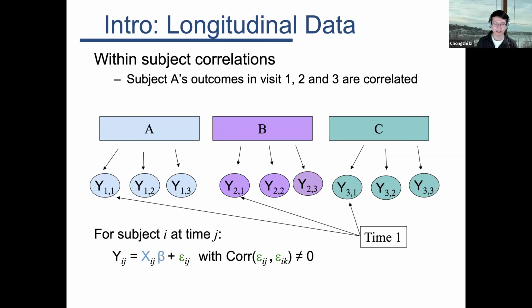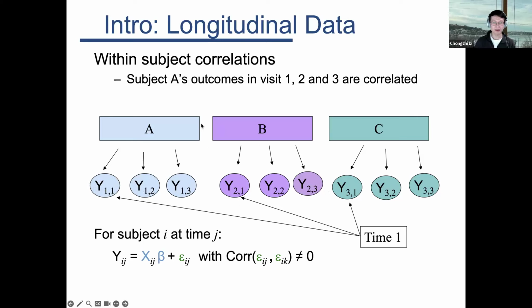So let's give an example. Let's say that you have three subjects, A, B, and C. For each of them, we measure at three different visits, visit 1, 2, and 3. We use the notation Y_ij to indicate the jth measurement for the ith individual. So the first one has three measurements, Y11, Y12, Y13, and the second one also has three.